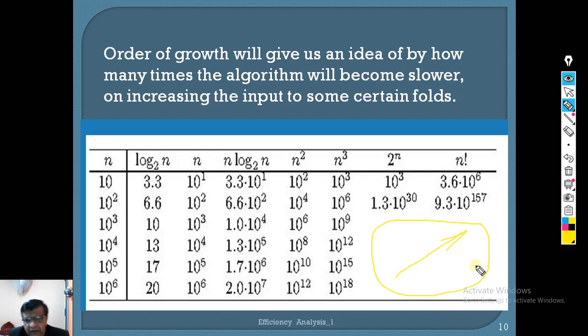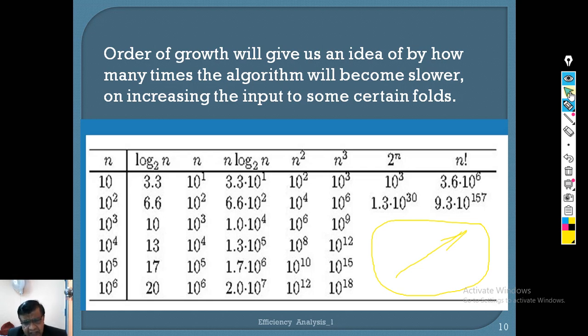We have understood during this tutorial what we mean by efficiency analysis, why efficiency analysis is to be made, and what the methods of analyzing efficiency are. Time efficiency is important. We quoted that space efficiency need not be taken that seriously. Time efficiency can be done in two ways: posterior and a priori.